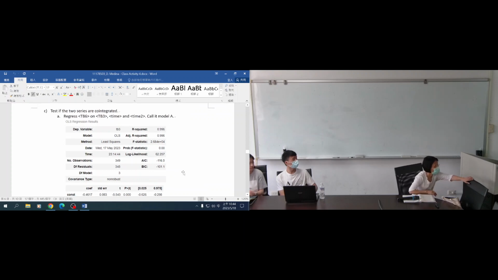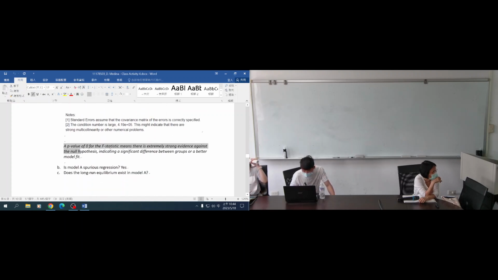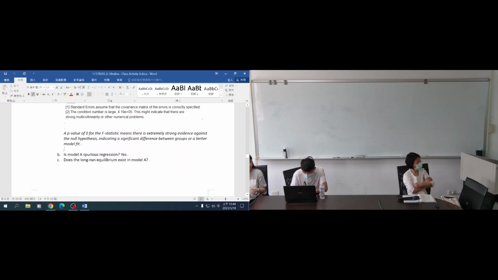One very suspicious or weird result here is the probability of the F statistic is 0. I searched for that: a p-value for the F statistic of 0 means extremely strong evidence against the null hypothesis, indicating significant difference between groups or a better model fit. So for now, the answer for B is yes, it is a spurious regression.